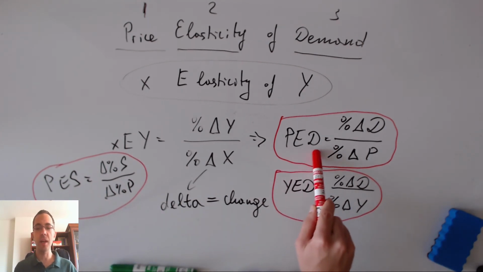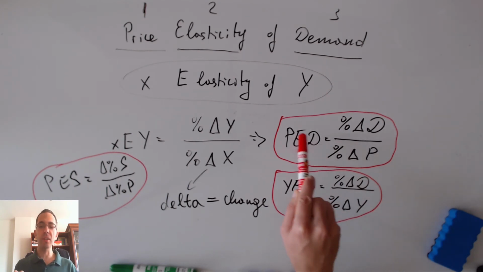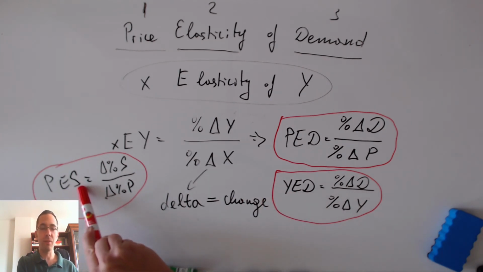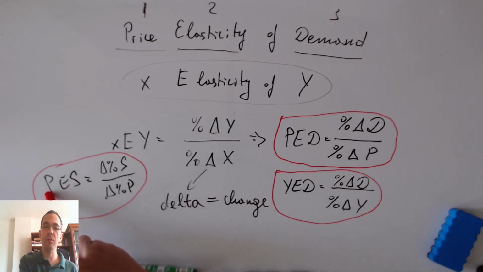Price elasticity of demand will tell us the responsiveness of quantity demanded with respect to a change in the price. Income elasticity of demand will tell us the responsiveness of quantity demanded with respect to a change in income. Price elasticity of supply will tell us the responsiveness of quantity supplied with respect to a change in the price.